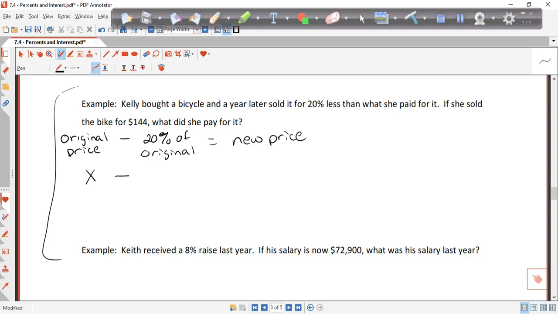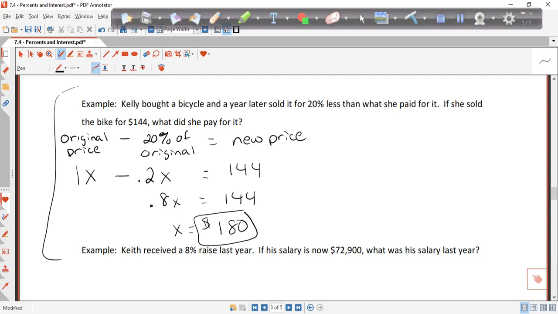Minus 20% would be 0.2 of the original cost, so of x, is 144. So treat this as a 1x, so 1x minus 0.2x will be 0.8x. Then divide by 0.8, and we get that it originally cost $180.